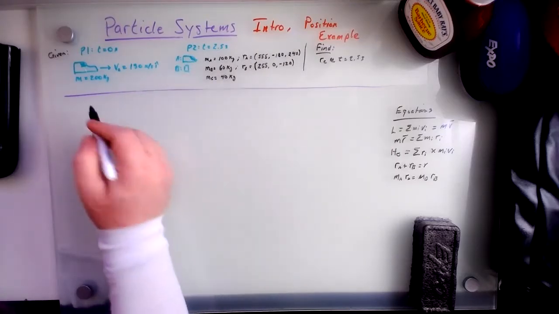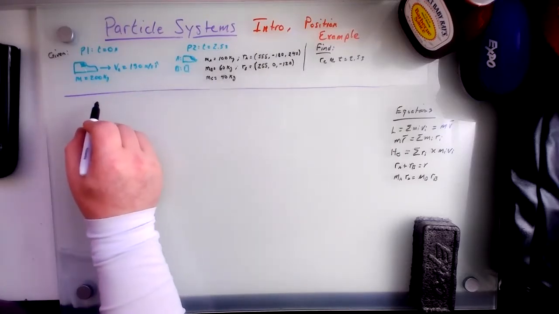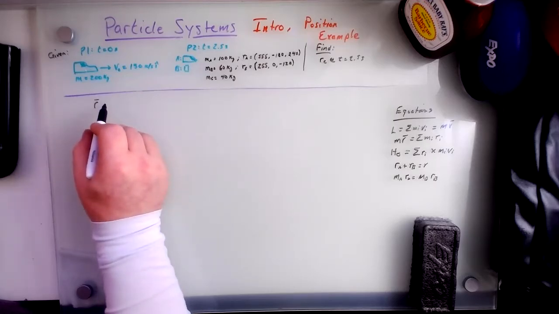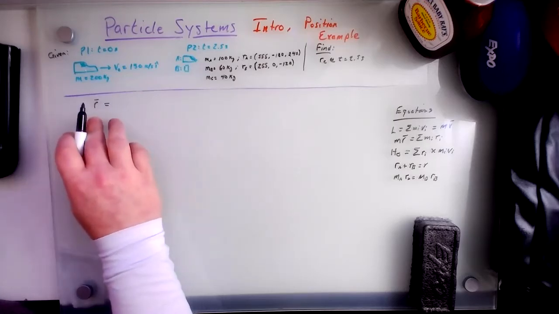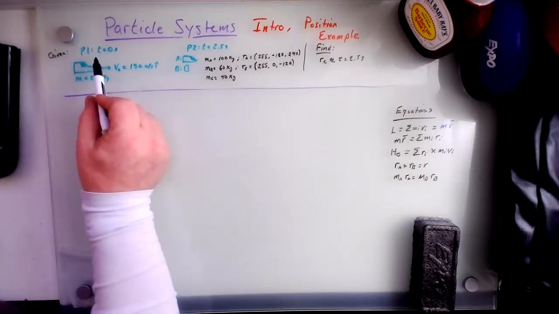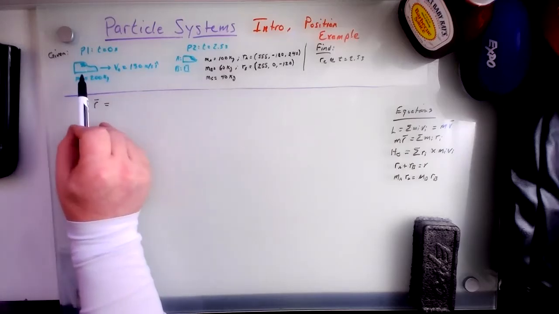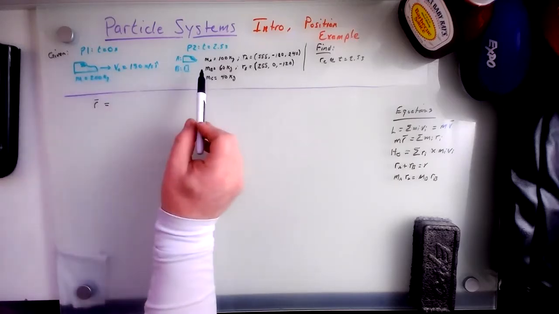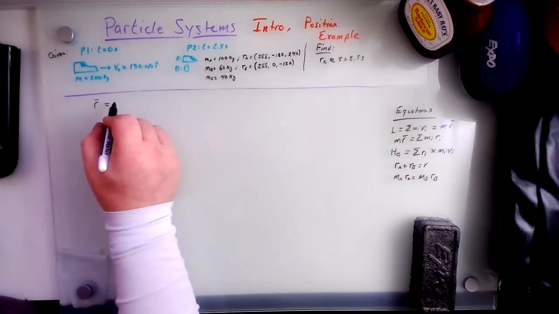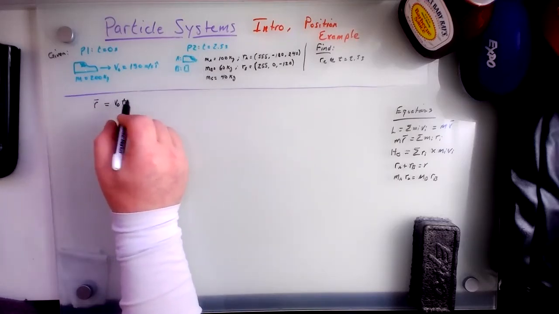The way that we relate those to each other is that at the beginning we have position 0, but what we're interested in is the position of this if it had continued, so that is V naught T.